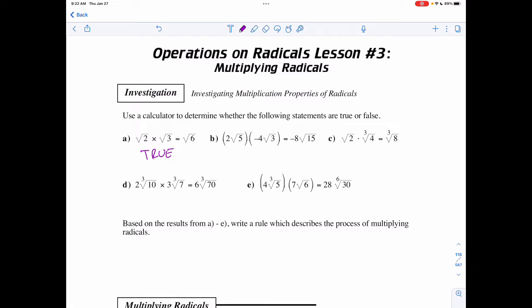If I put 2 root 5 times negative 4 root 3, or put in negative 8 root 15, that's also true. It's just multiplying the radicands, multiplying the coefficients. If I put in the square root of 2 times the cube root of 4, it's not the cube root of 8. This one is false.